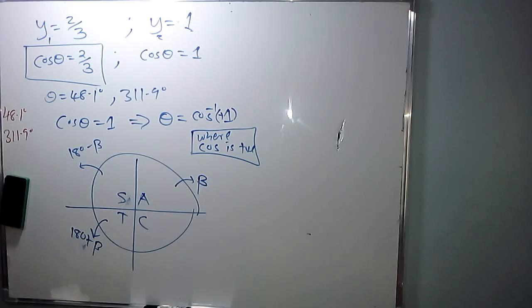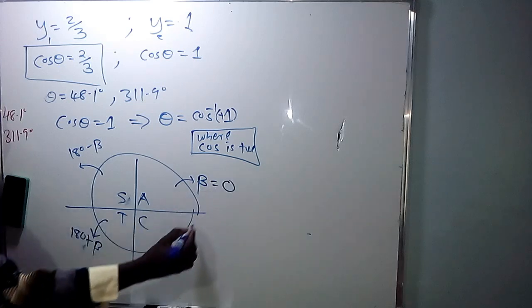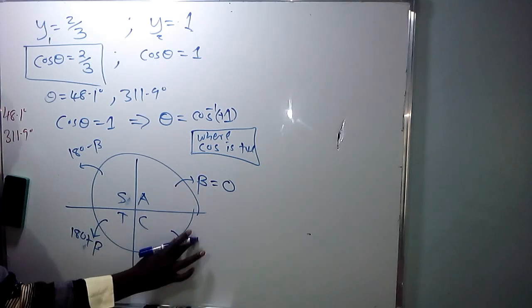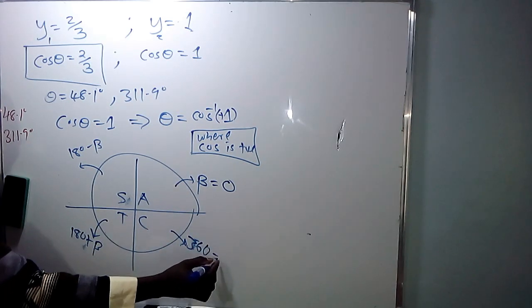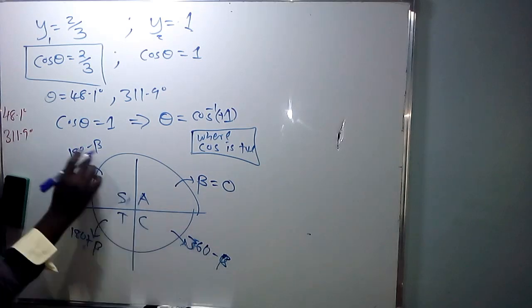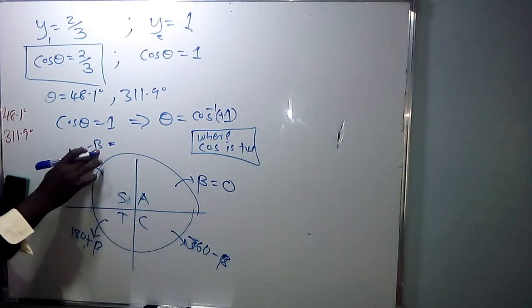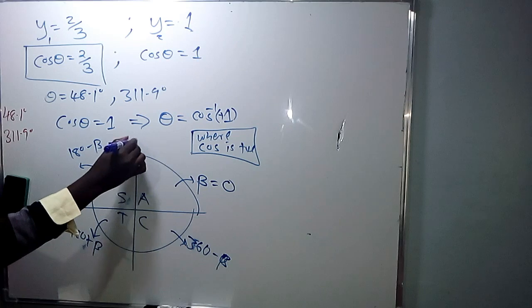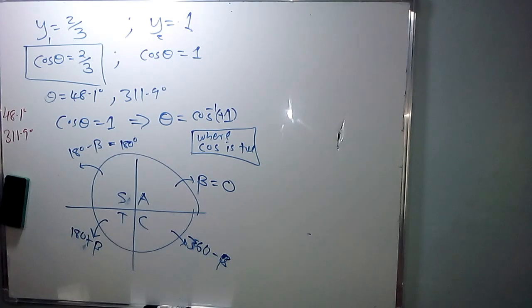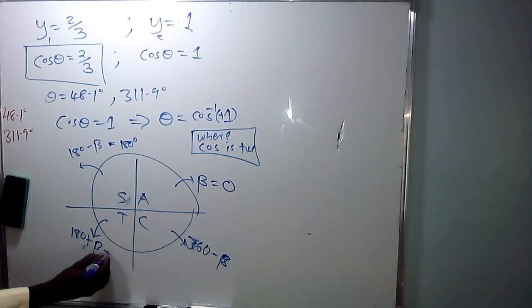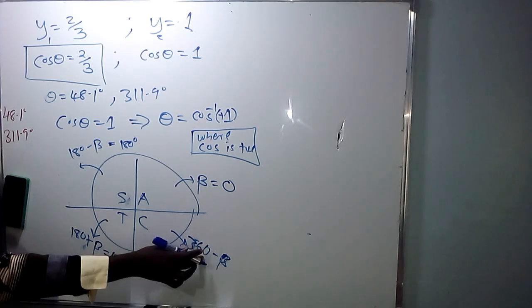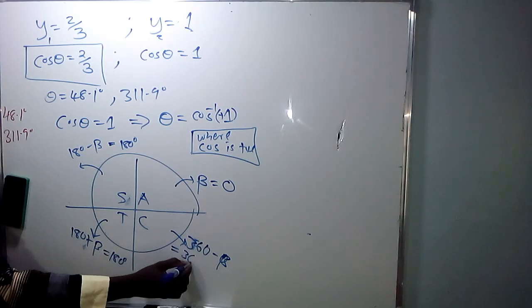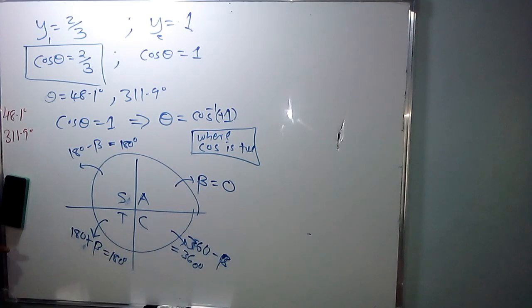So in the first quadrant, we have 0 degrees. In the second quadrant, 180 minus 0, which is 180. In the third quadrant, 180 plus 0, which is 180. In the fourth quadrant, 360 minus 0, which is 360. We need quadrants where cosine is positive, because we have positive 1.